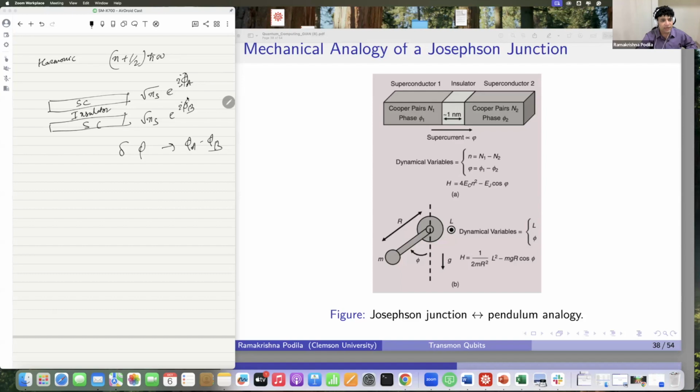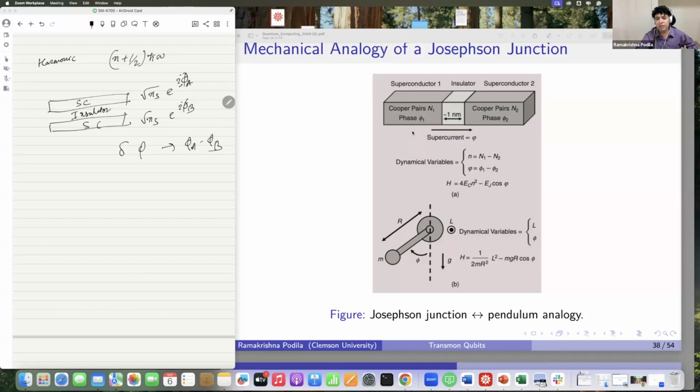It is the relative phase difference between the top and bottom superconductors that we use as the generalized coordinate to express the Hamiltonian. So that is the main thing for transmon, right? So we discussed the mechanical analogy, right?